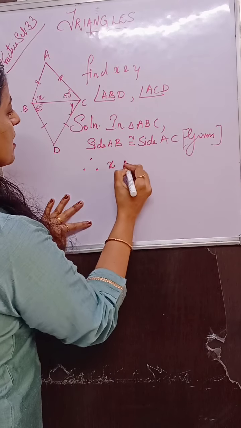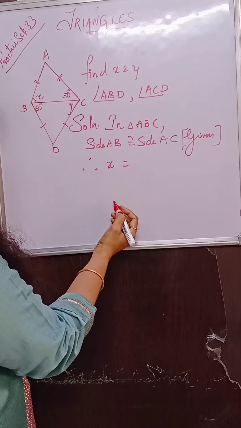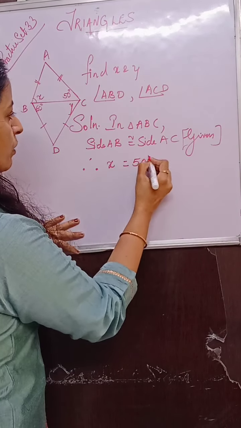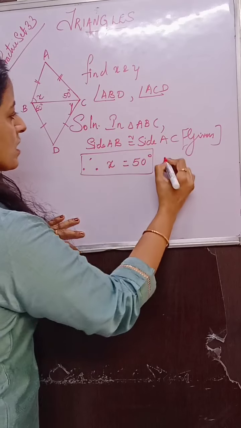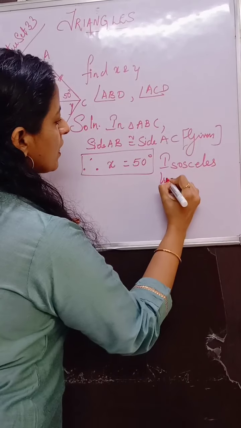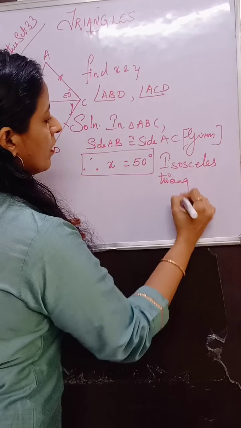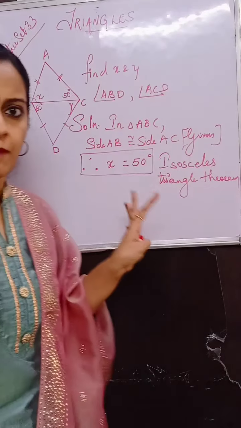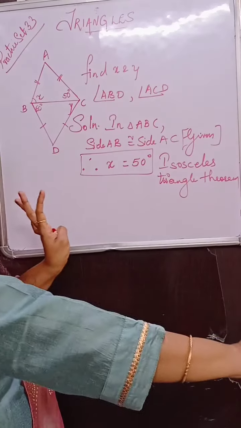So x is equal to, AB's opposite is 50, AC's opposite is x. So x will be equal to 50. Got the first answer. Write down the reason: isosceles triangle theorem. Keep it short. No need to extend more steps. 1 mark you got.